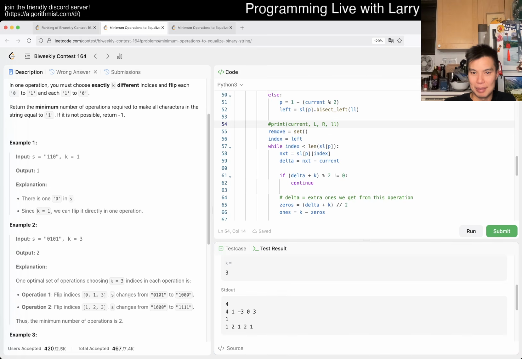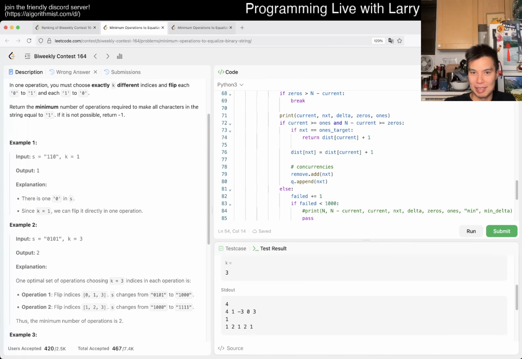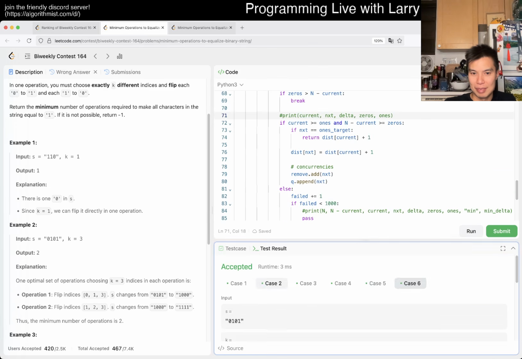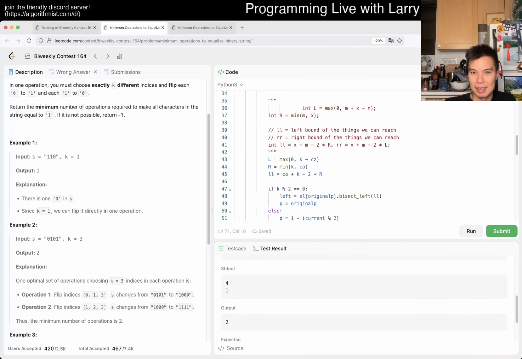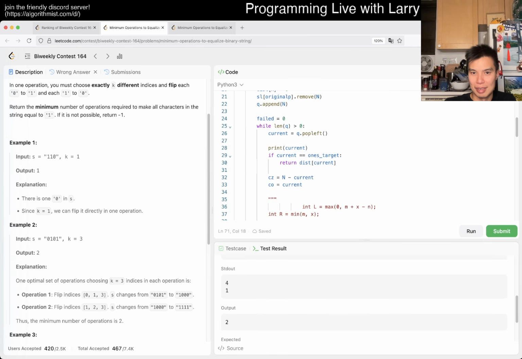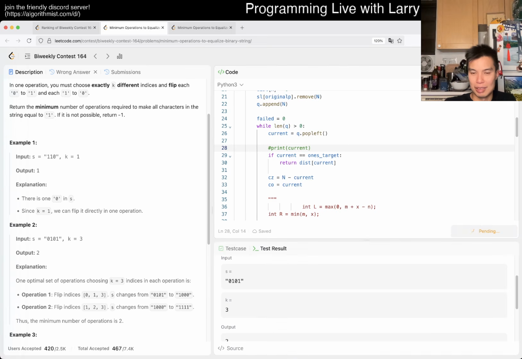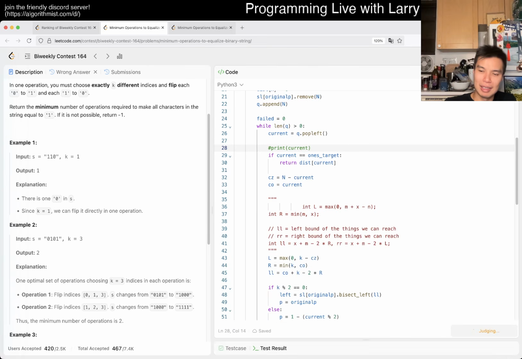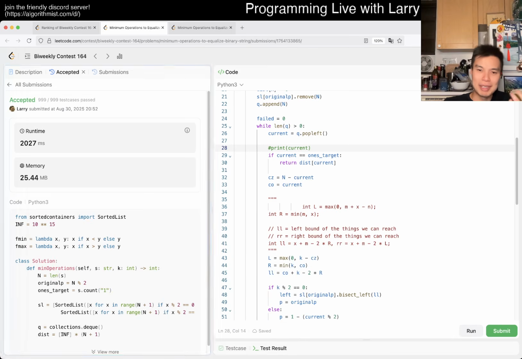Do I have any print statements? I have a lot of print statements because a lot of things went wrong. Alright, let's YOLO submit. But, so okay.